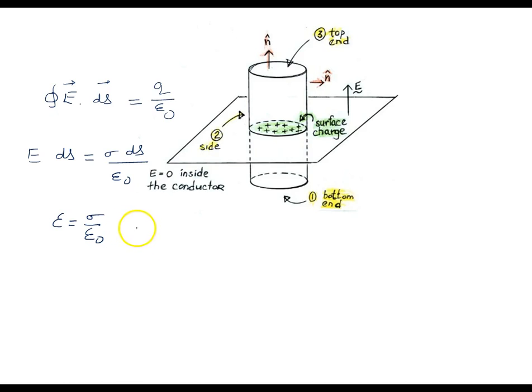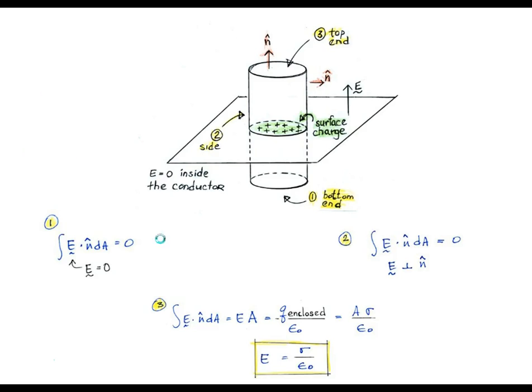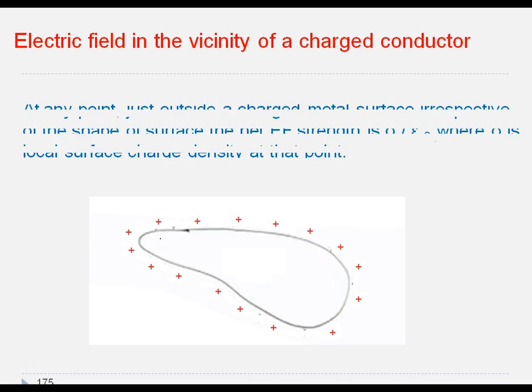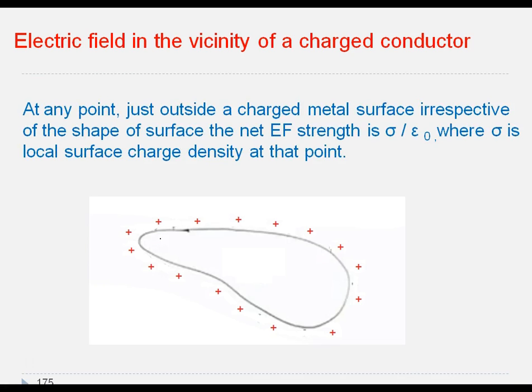And I am telling you it is very important because we have derived it many times in different situations also. Just pause the video and go through these slides. And finally, what we say, at any point just outside a charged metal surface, irrespective of the shape of the surface, net electric field is sigma by epsilon naught.